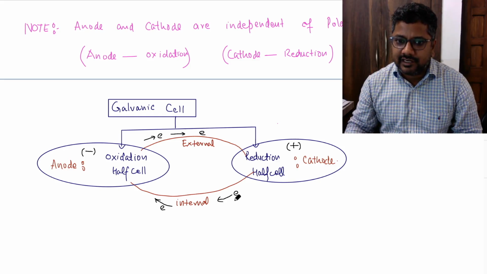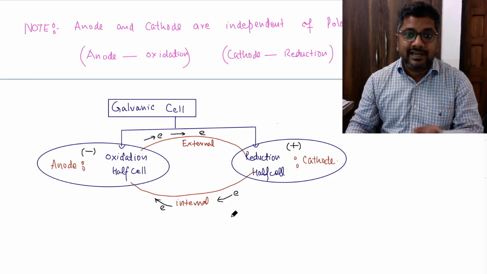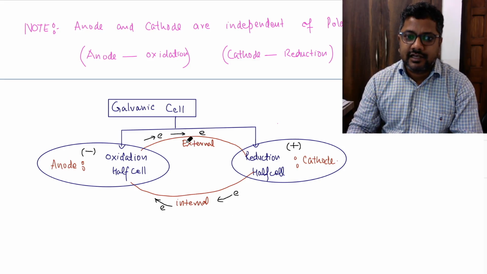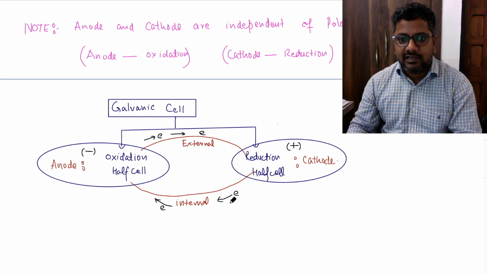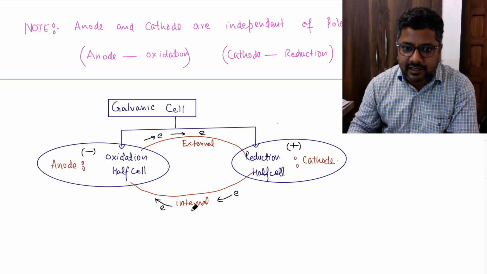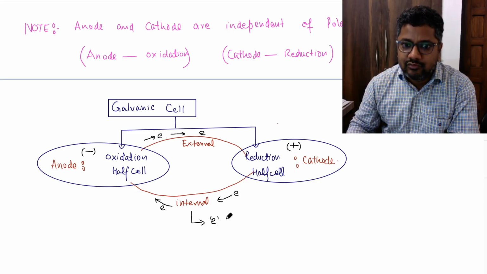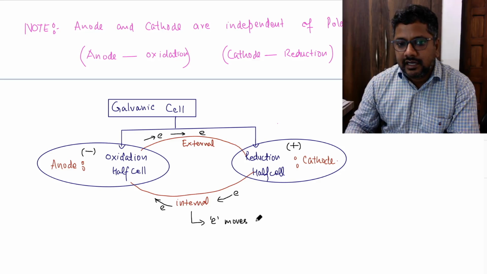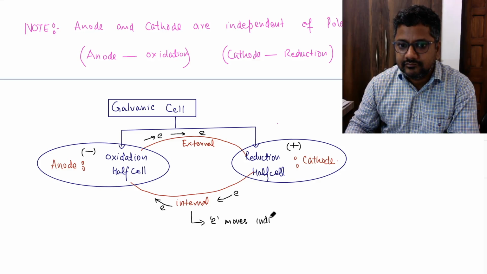The movement of this electron in the internal circuit is apparent, meaning not direct. In the external circuit, the electron moves directly, but in the internal circuit, the electron moves indirectly through ions.